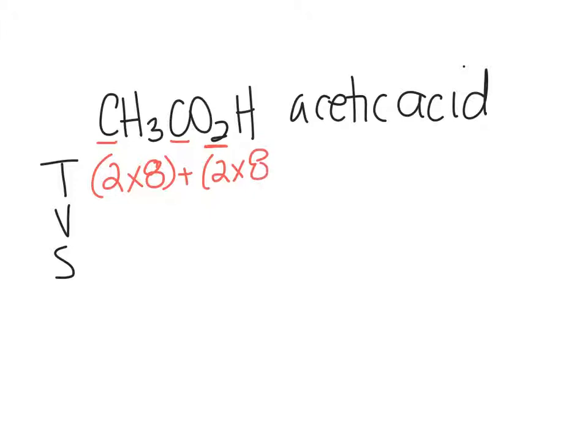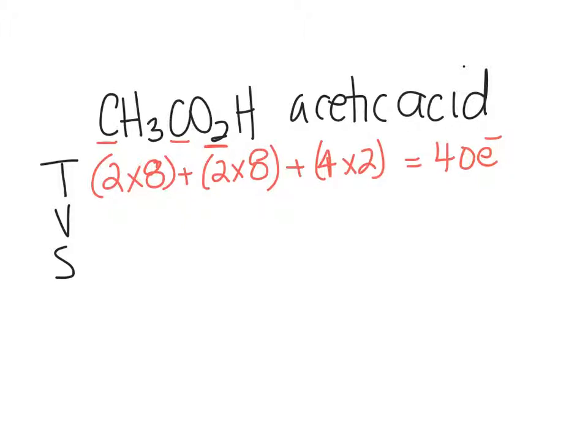They want 8, so this is the total that they want after bonding. Then we've got 4 hydrogens, and each wants 2 total. If you add this up, it's 32 and 8 is 40 electrons. So it wants to appear like there are 40 electrons.